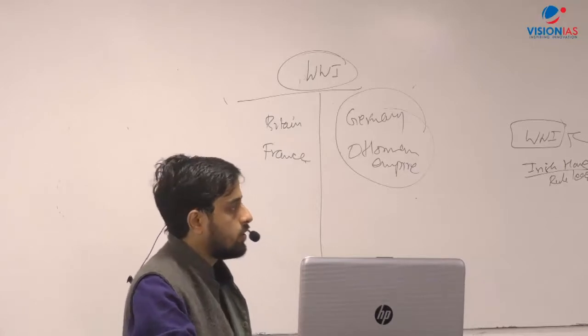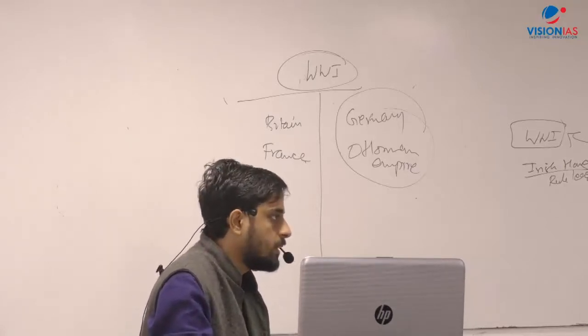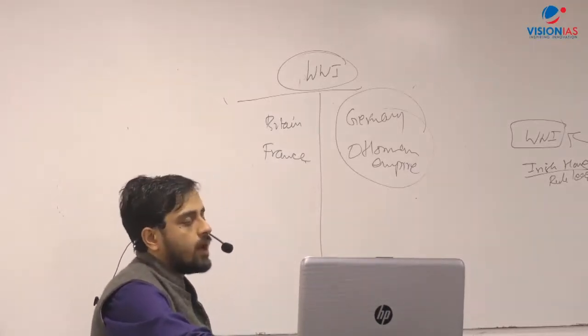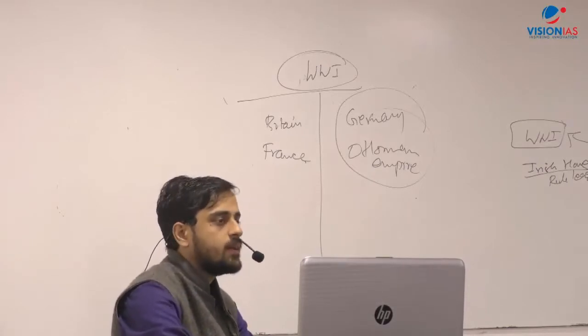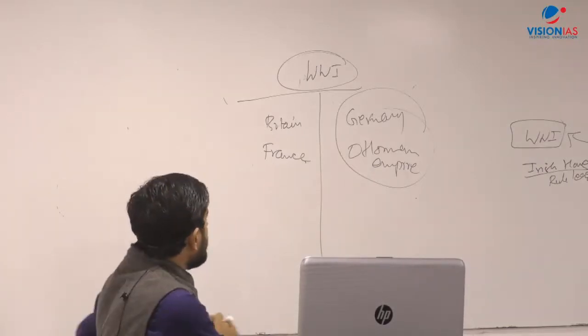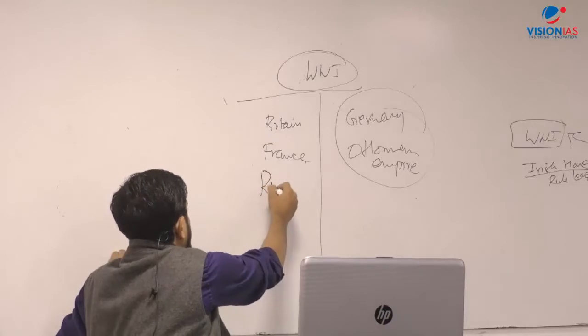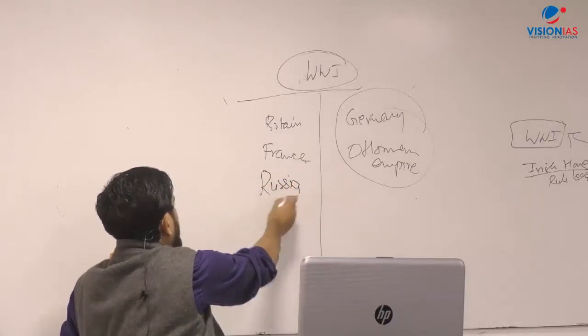Now in World War I, the Ottoman Empire supported the Germans. Why this war happened and all, I'm not discussing. But nonetheless, Britain, France, and also Russia were on the one side.